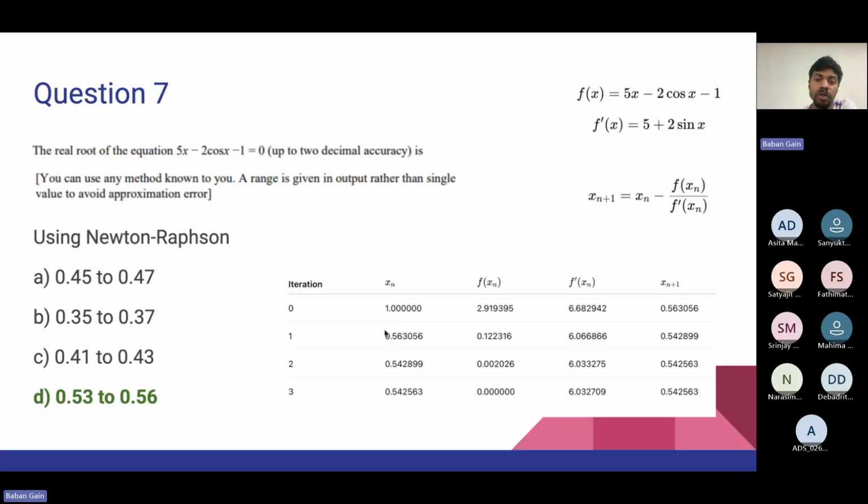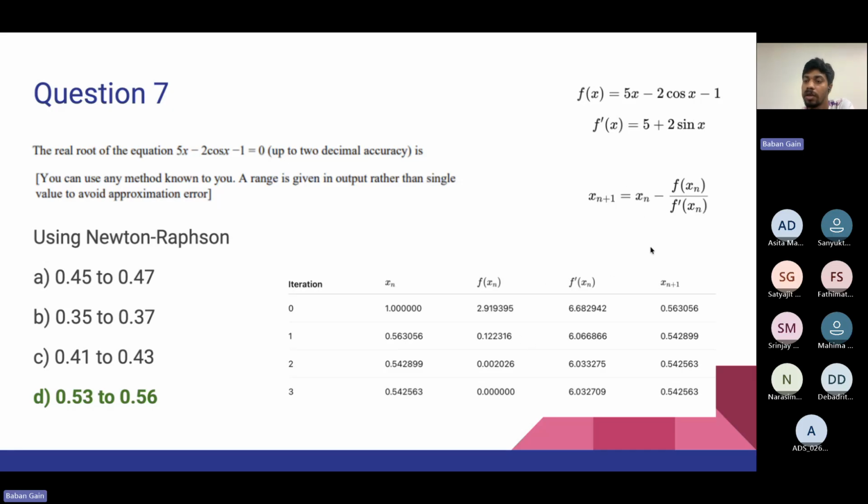Let's assume we are starting with 1. If you put 1 into this function, the value is 2.91. If you put 1 into the derivative, the value is this one. Applying the formula, 1 minus this by this, gives this value. Then for the next step, start with this one, put the value of x here, and you will get these two values.